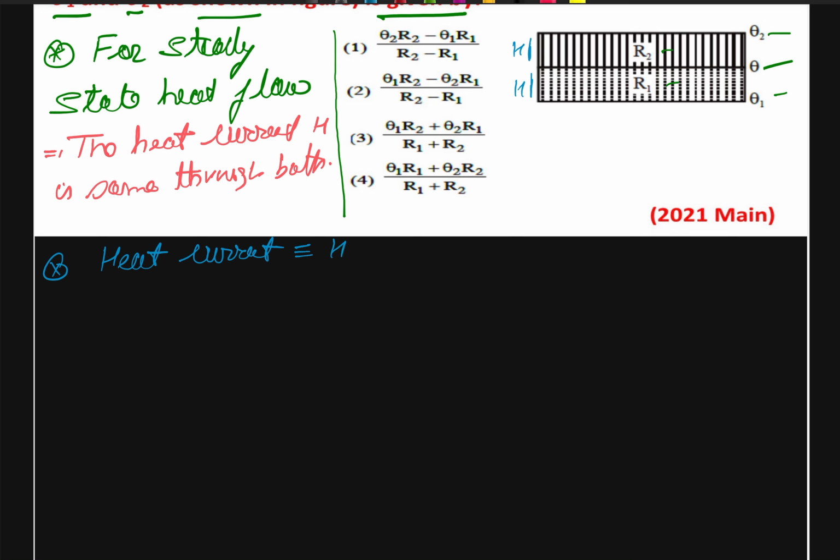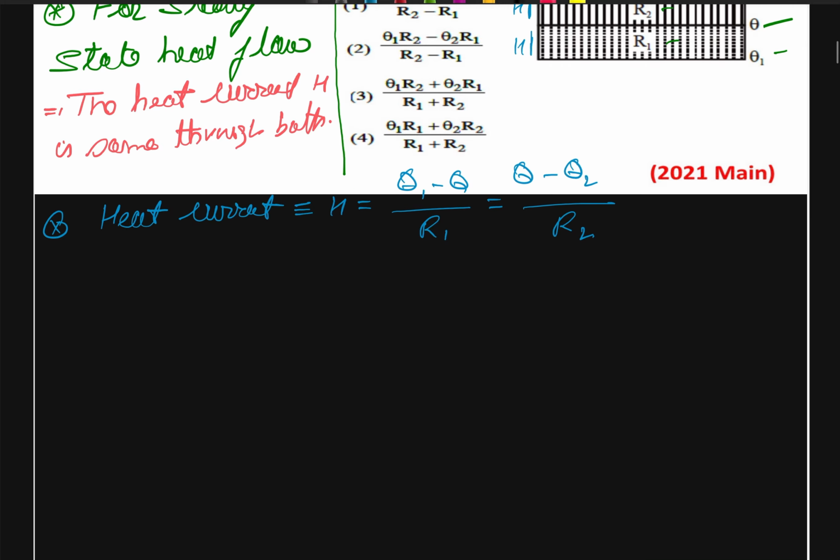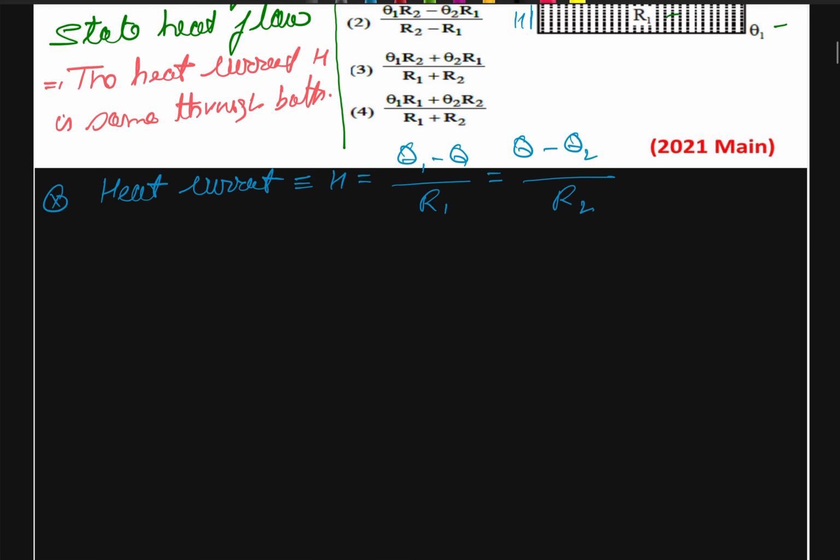which is our H, can be written as (theta 1 minus theta) upon R1, and that will also be written as (theta minus theta 2) upon R2. And now it is quite simple to solve.